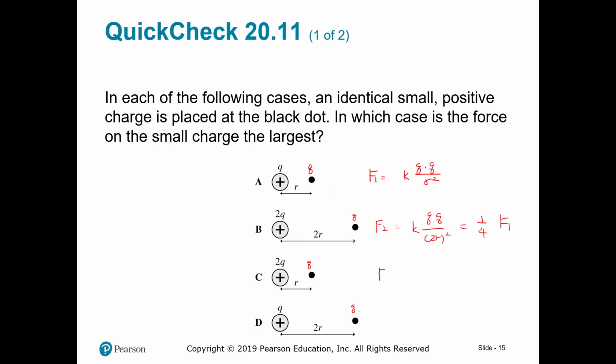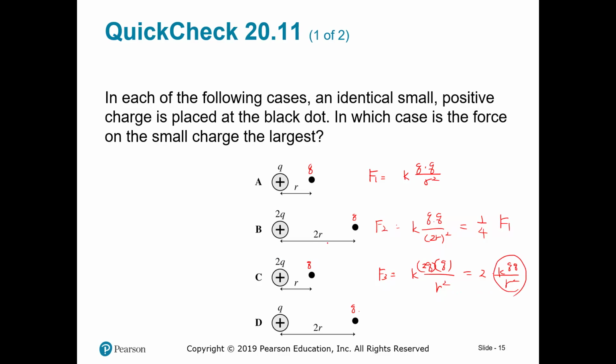And the third one, F3, is gonna be K, Q. First one is 2Q, and the second one is Q, and the distance is R, right? So it's R squared. So now you have a 2 in front, and then K, Q, Q, R squared. Again, this is F1, so it's 2 times greater than F1.